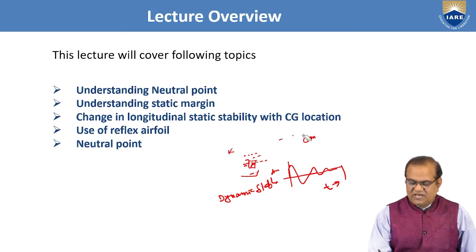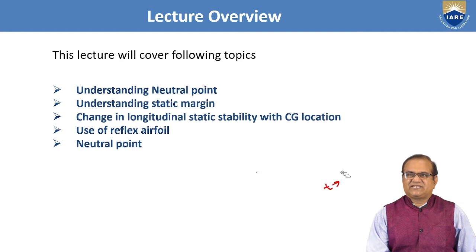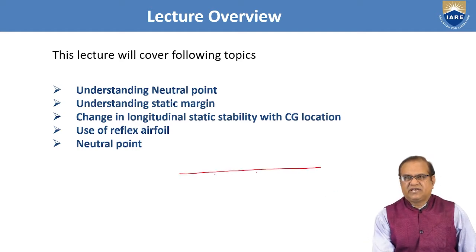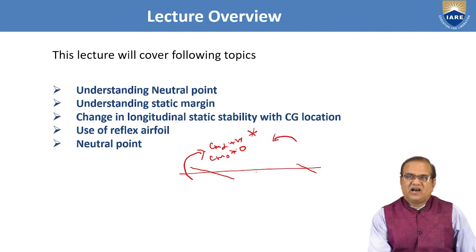In previous classes, we have also discussed the contribution of wing and the contribution of tail. If we put like this, this is the wing here, and this is the tail. The effect of the wing is Cm alpha positive and Cm naught also positive, but we don't want Cm alpha positive, we want Cm alpha negative.